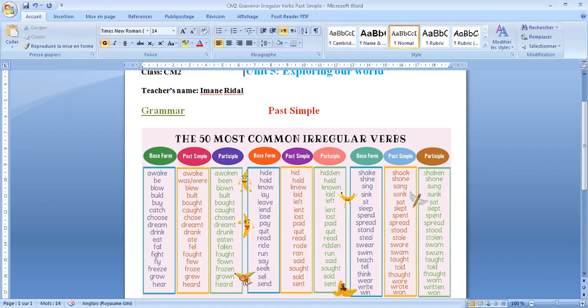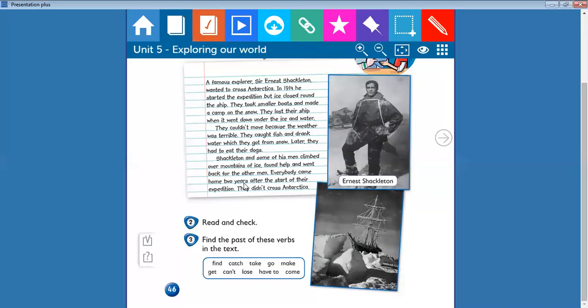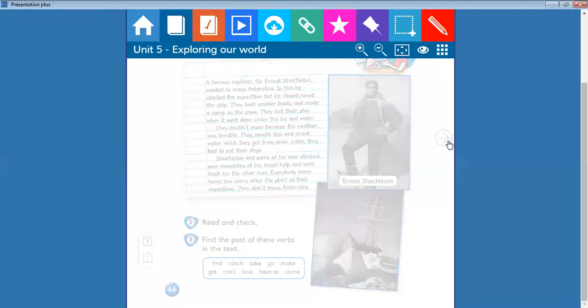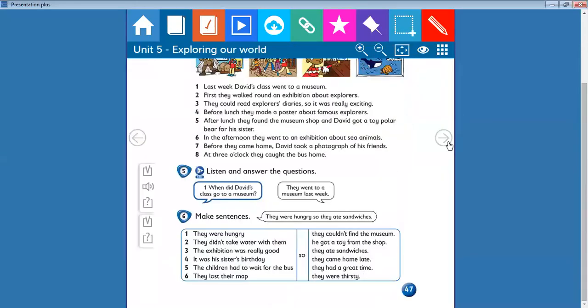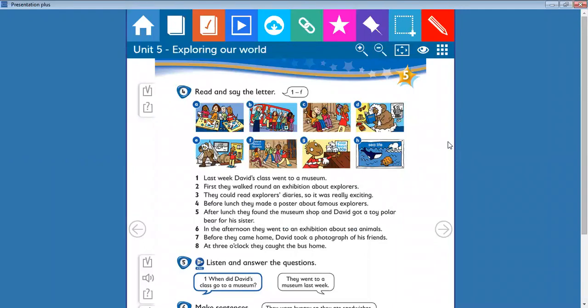Now go back to our book and page 47. Page 47. Read and say the letter. Here we have an example, 1F, which means the sentence number 1 is with the picture F. Let's read.